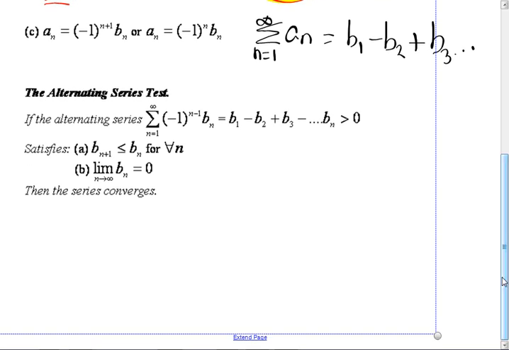Now, last year on the exam, they even said, I believe, alternating series. They also said that the sequence was decreasing. And yet, when the students had to justify their response on the free response, they couldn't do it, which wasn't that hard. To be able to do the alternating series test, first, it's got to alternate in sign.